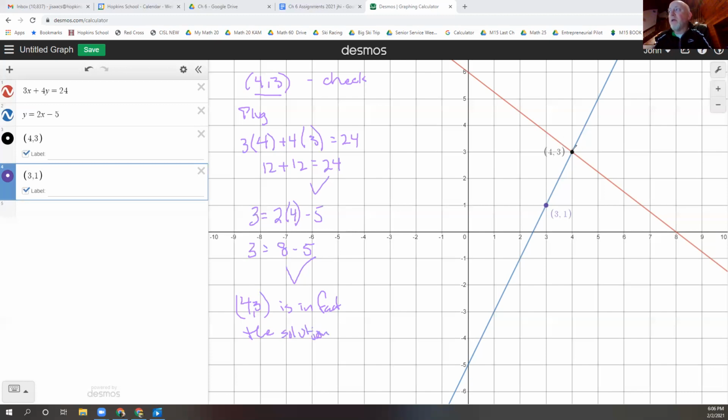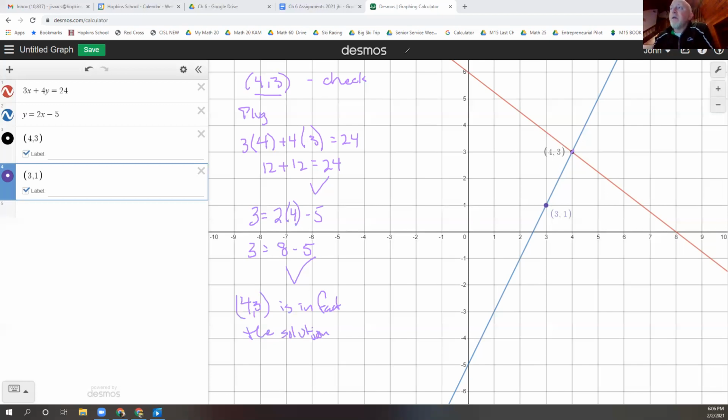It's an ordered pair that is part of the blue line and part of the red line. So graphically, all those values on each line make each respective equation true. The one point they have in common makes both equations true.